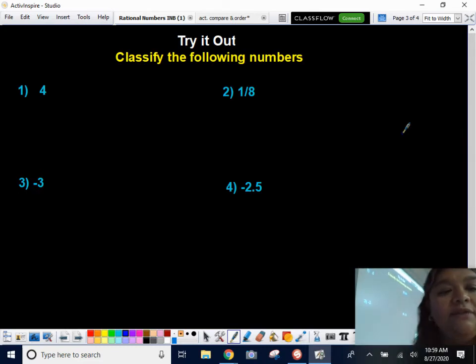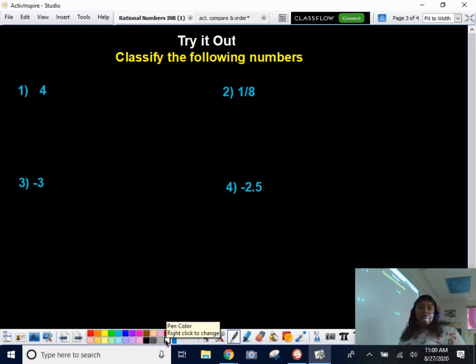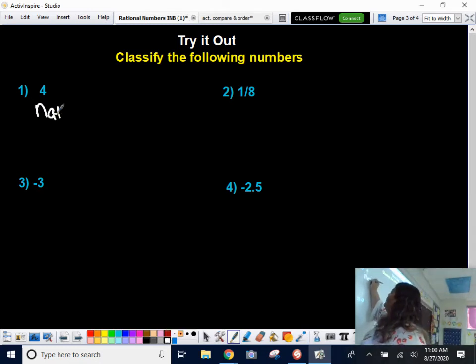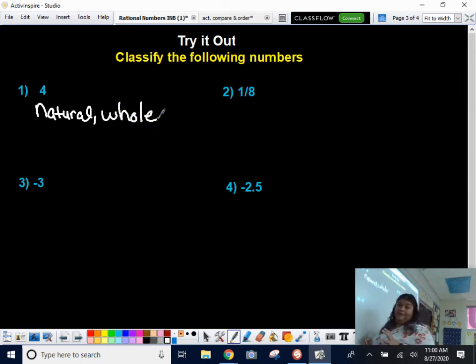Hey guys, hopefully you're back now. And let's see if you got them right. So the first one I gave you was the number 4. Okay, and I wanted you to classify that into as many categories as you found. So if you notice, 4 is a counting number, so that is a natural number. So you should have got natural, but that's not the only one. Because it's natural, it's also a whole number, okay?